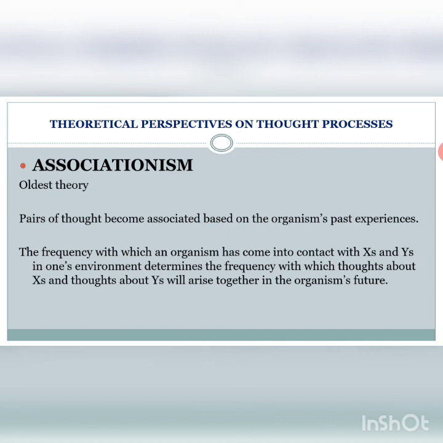To have more clarity, the frequency with which an organism has come into contact with X's and Y's in its environment determines the frequency with which thoughts about X's and thoughts about Y's will arise together in the organism's future. So pairs of thought become associated based on past experiences regarding the object of thought.